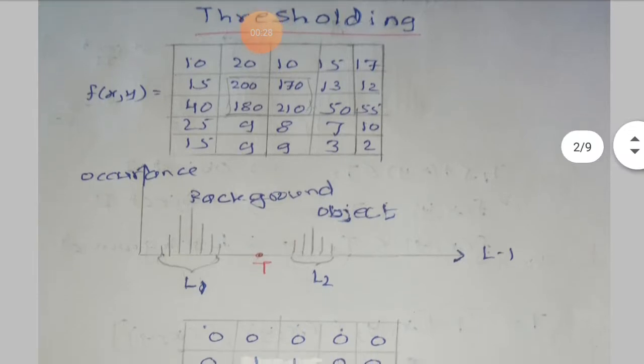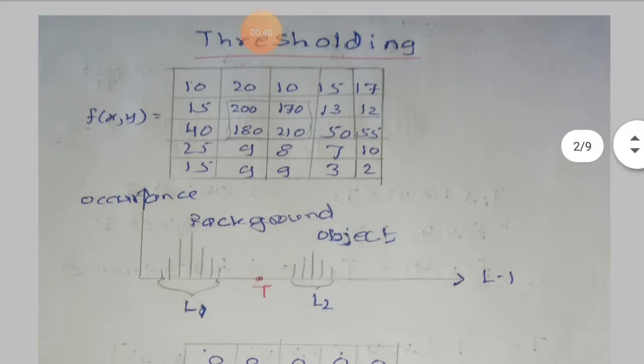Here f of x y, the input image, is given with the values 10, 20, 10, 15, 17, 15, 200, 170, 13, 12, 40, 180, 210, 50, 55, 25, 9, 8, 7, 10, 15, 9, 9, 3 and 2.